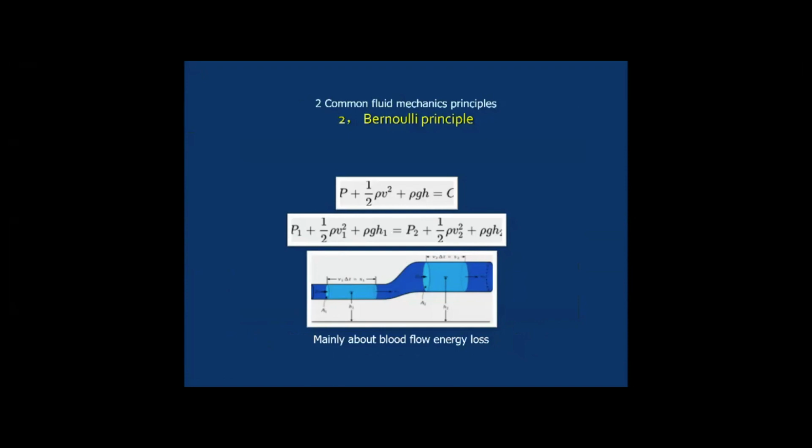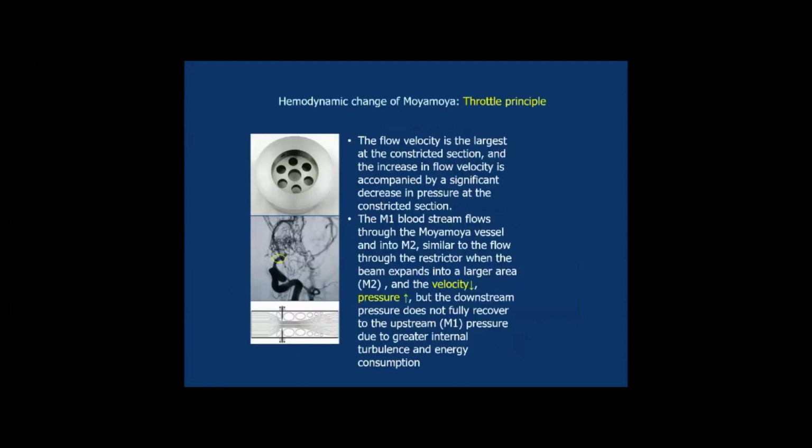The second common fluid mechanical principle is Bernoulli's principle, which is mainly about blood flow energy loss. This is a hemodynamic change of Moyamoya disease, the same story as the throat principle. We can see the flow velocity is the largest at the constricted section, and the increase in the flow velocity is accompanied by a significant decrease in pressure at the constricted section.